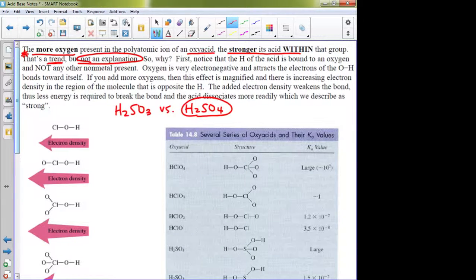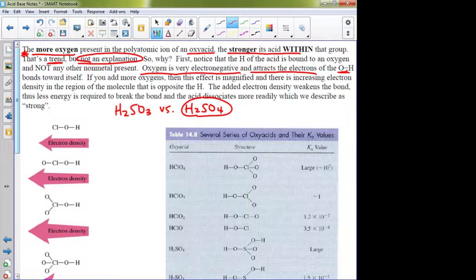What you would have to say is oxygen is very electronegative. What does electronegative mean? There you go. It wants the electrons. So it attracts all of the electrons when it's bonded to a hydrogen. So the more oxygens I add, what happens?